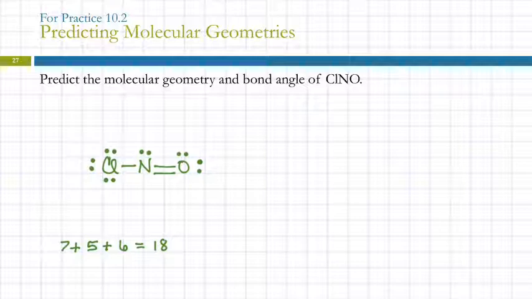Now what do we do? How many electron groups on the central atom? 3. There's a single bond, a double bond, and a lone pair. 3 groups.